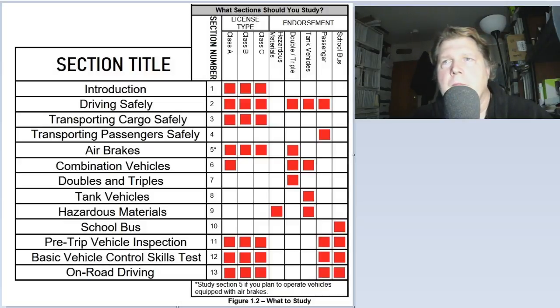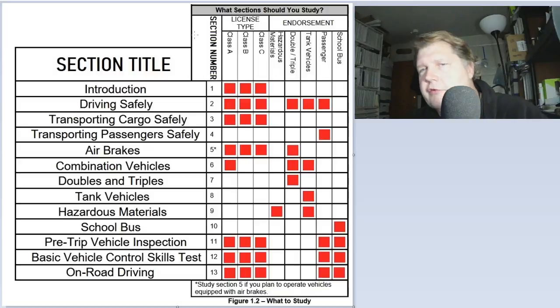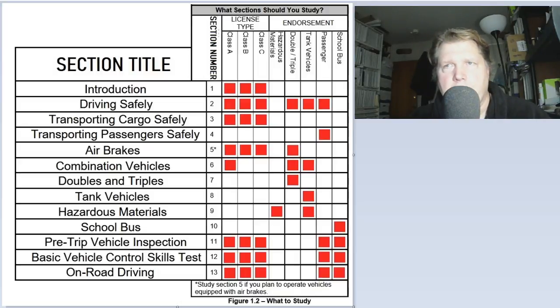Okay, so the way this chart works, and I will go ahead and use, let's say, green. We're going to look at what we want to study for the Class A license.